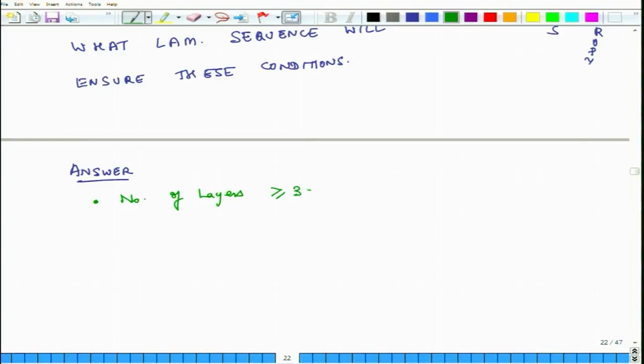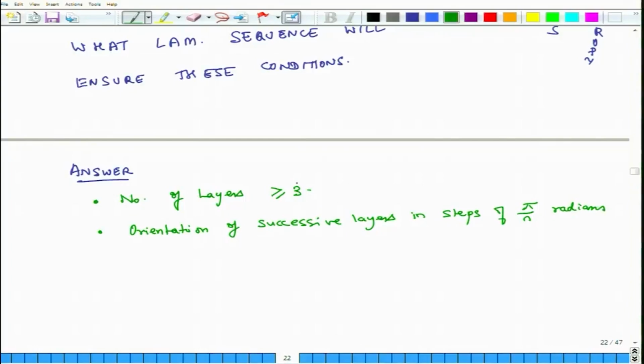That is one. And the second one is that orientation of successive layers should be in steps of pi over n radians.